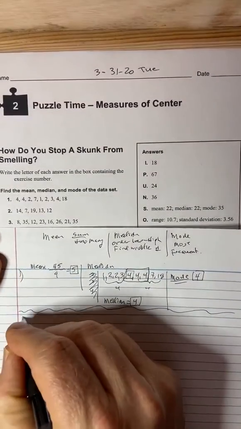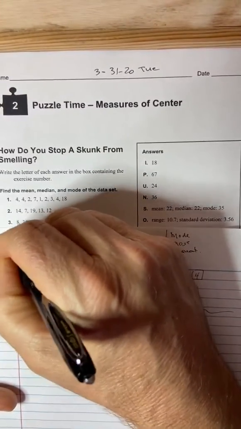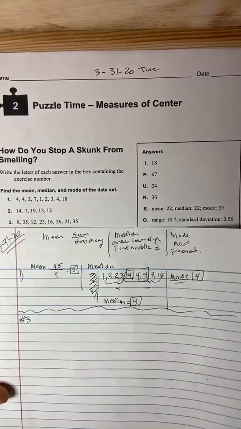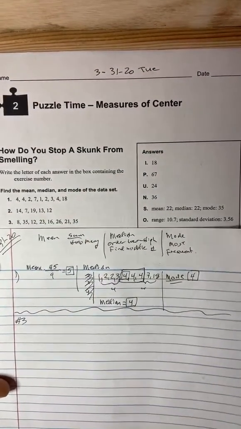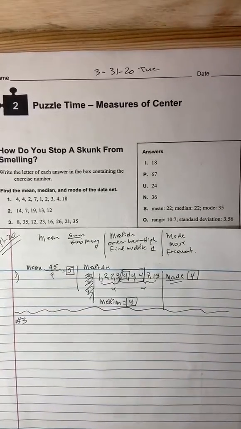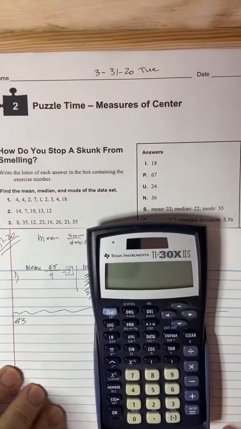Here's number 3. And this is 3, 31, 20. So I'll know which matches up. All right, so this one here is a few numbers, so we'll use our handy-dandy calculator. Makes life a little easier.